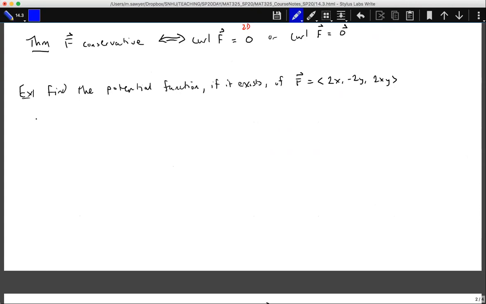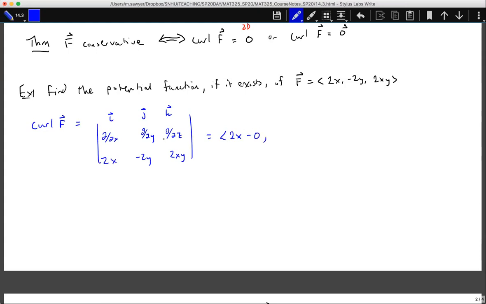This is a 3-dimensional function, so we can check the curl of F using the cross product. So we have our i, j, and k, then partial partial x, partial partial y, partial partial z, and we have 2x, negative 2y, 2xy. And so we check this curl. In our i component, we take the partial with respect to y and get 2x minus 0.